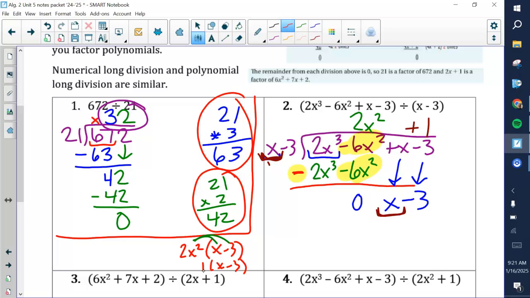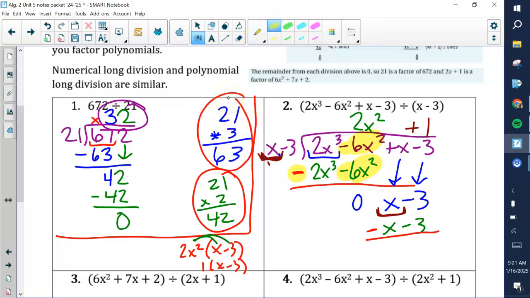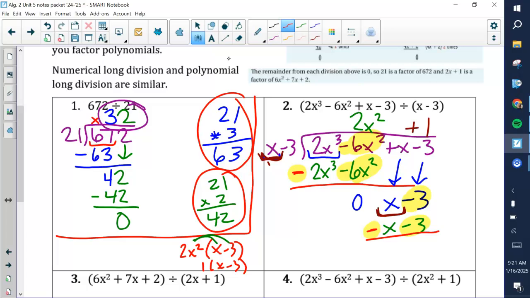Again, I distribute, and I get x minus 3. x minus x is 0. Negative 3 minus negative 3 is also 0. So my answer is 2x squared plus 1, because my remainder is 0.